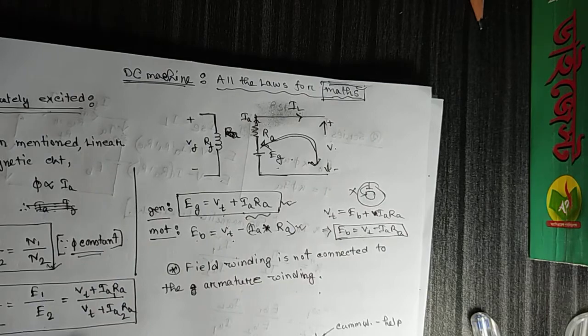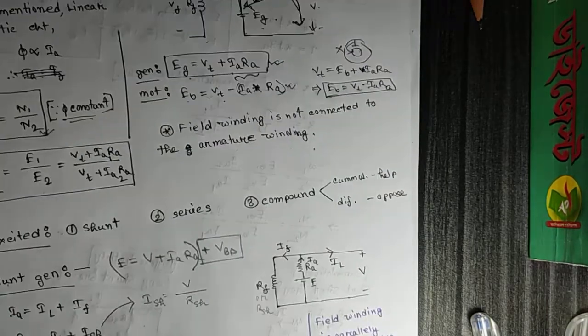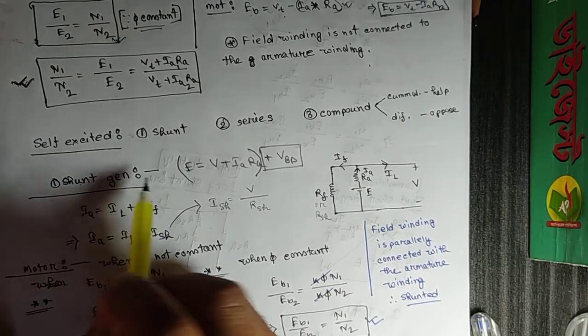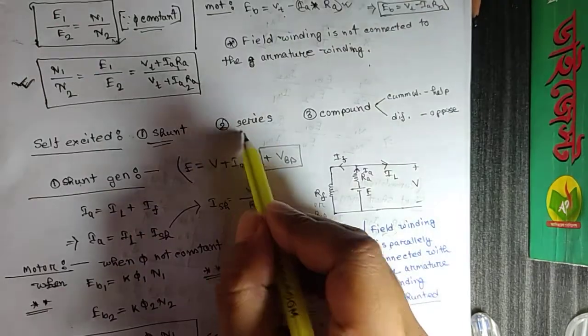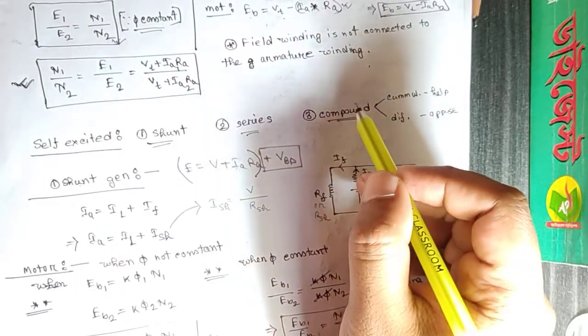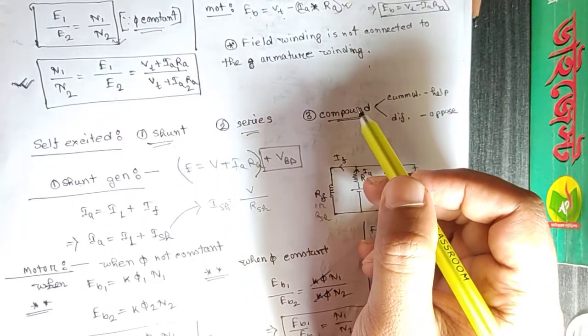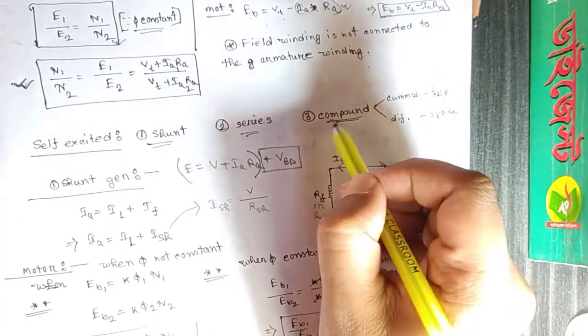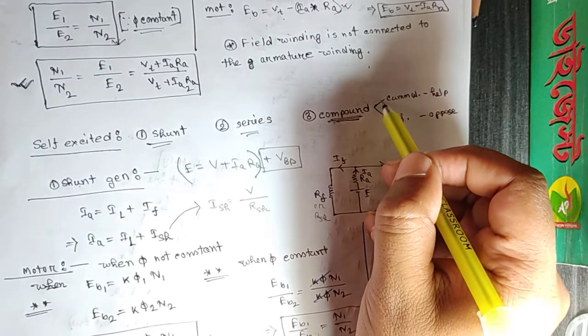Now coming next, the self-excited DC generator. There are three types: shunt, series, and compound. We'll come next to why it is called compound, because there are such types of field winding compounded, so we call it compound generator or motor.